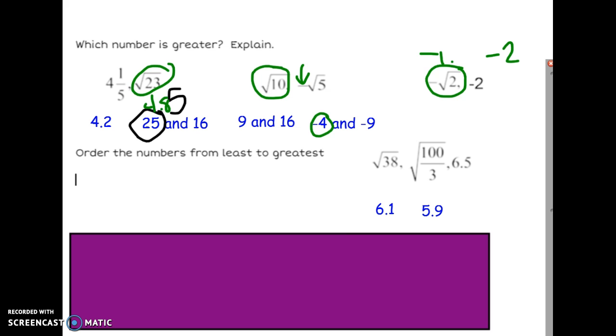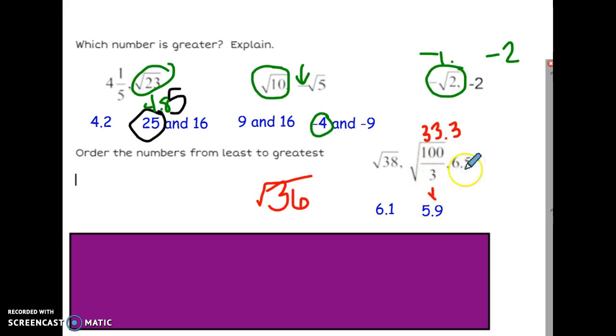With the second one, I actually took 100 divided by 3, which I know is 33.3. Now, if we're talking square roots, that is less than 36. 36 is kind of my window I'm going here, because the square root of 36 is 6. So this one is going to be a little bit larger. This one's going to be a little bit smaller. So that's going to be roughly 5.9.